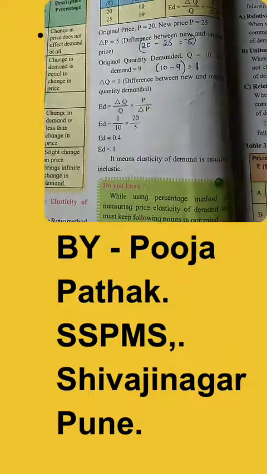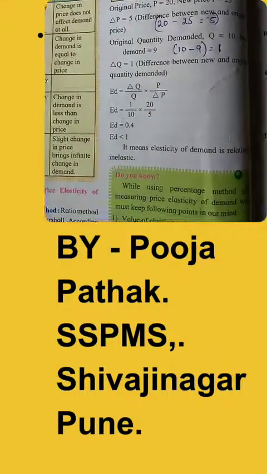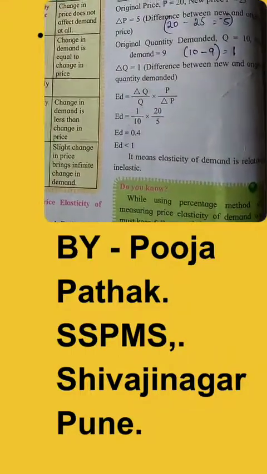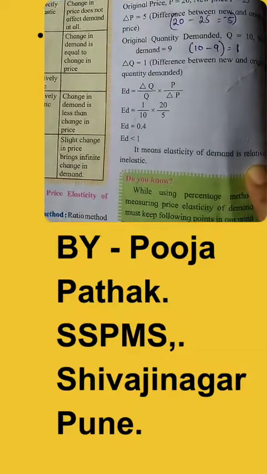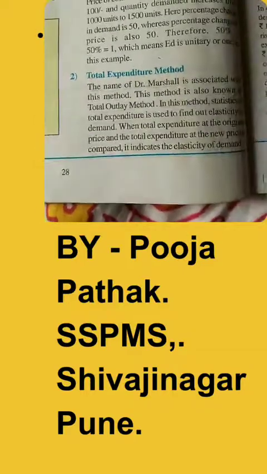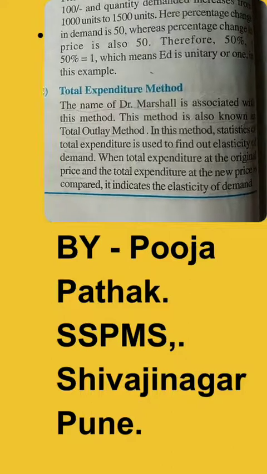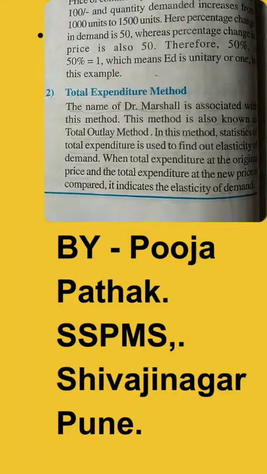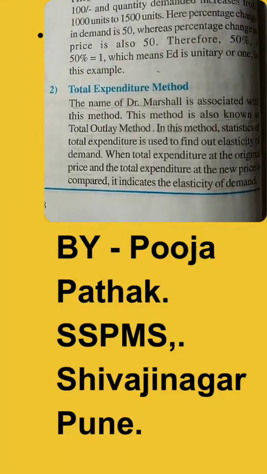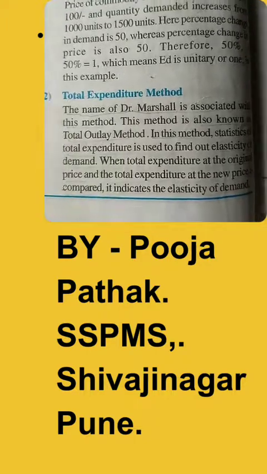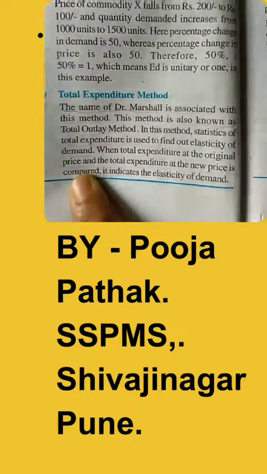Now the next method of measuring elasticity of demand is the total expenditure method, which is also called the total outlay method. In your textbook there are a few mistakes, so I am teaching from the old textbook, that is last year's textbook.